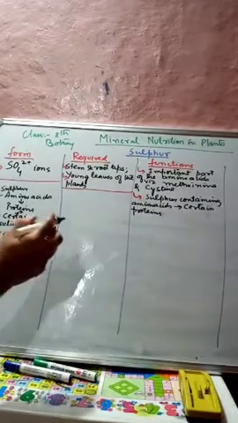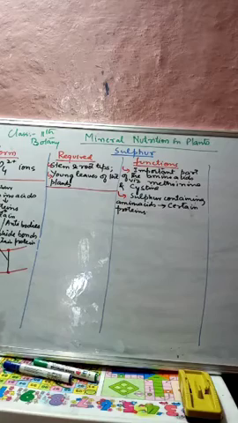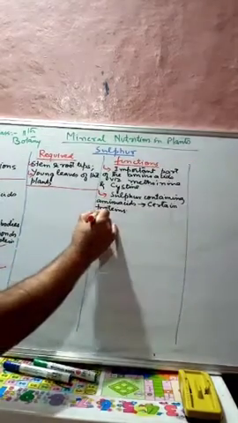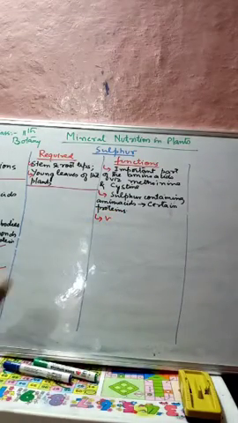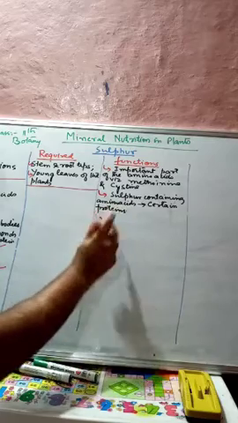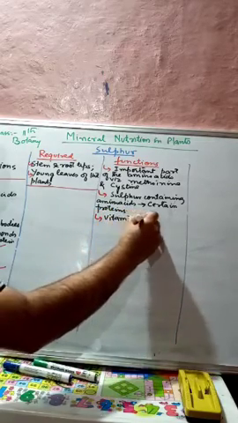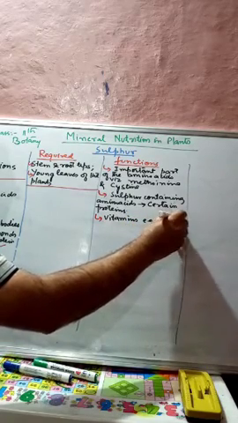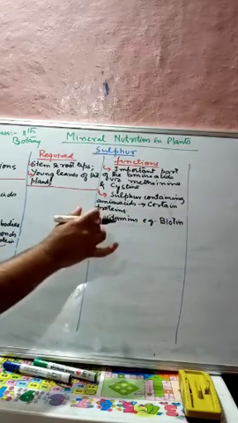Now sulfur also plays an important role in certain vitamins, for example biotin. This is one vitamin where sulfur plays an important role.